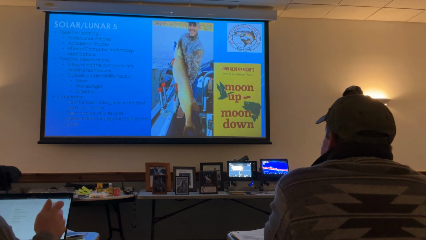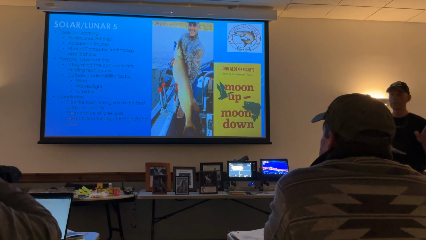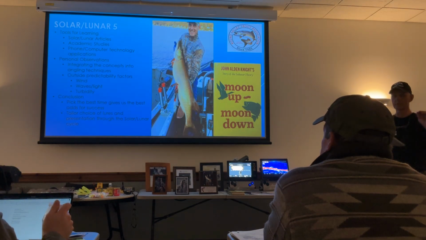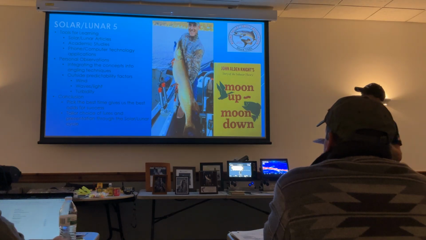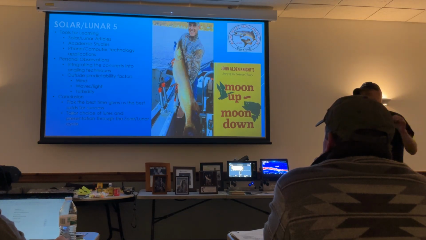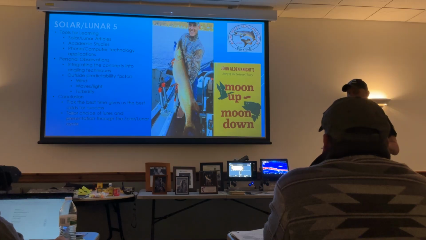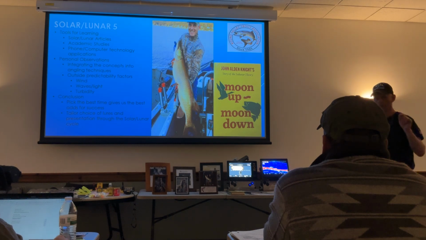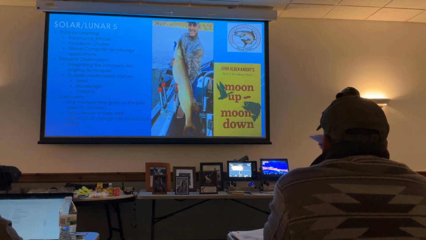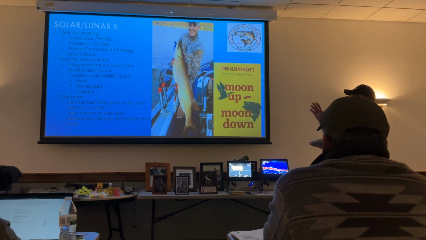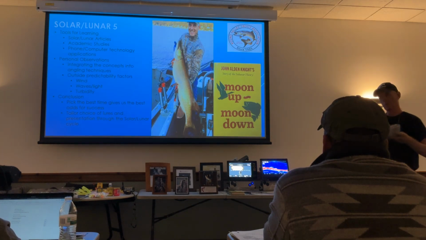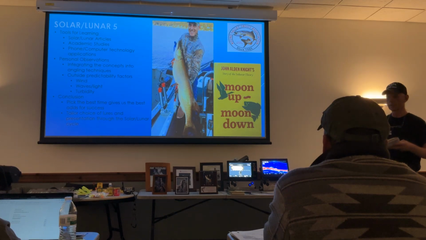The more you fish, the more you'll see it. Again, it's not carved in stone, but there are trends that you will definitely see. And how does the whole thing work? When the solar effect starts to happen, it affects all the living things, but the smallest organisms are the ones that it affects the most consistently, like microorganisms, phytoplankton, zooplankton, which the herring feed on, and even the scuds, those little shrimp in Round Valley.